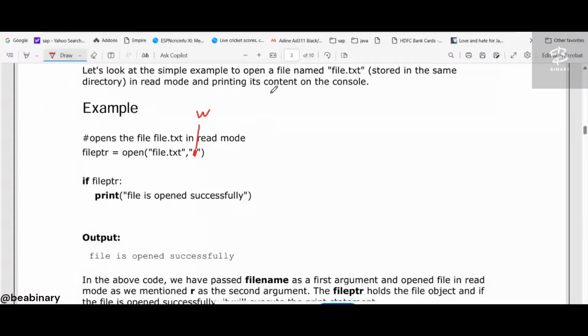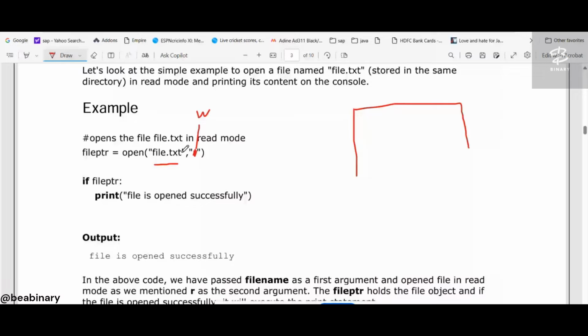So file.txt says that it is a file name. We are going to write something on this file. So what happens if this file does not exist? If this file does not exist, W mode opens, or you can say creates, a new file with the name file.txt.